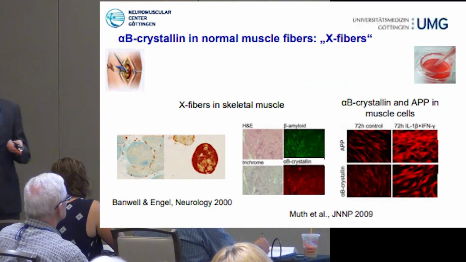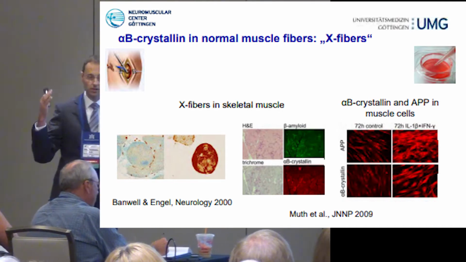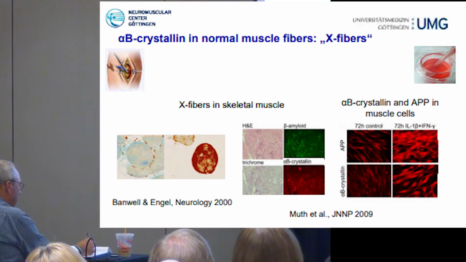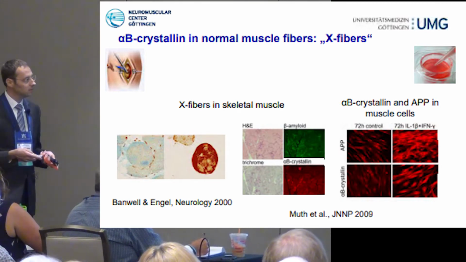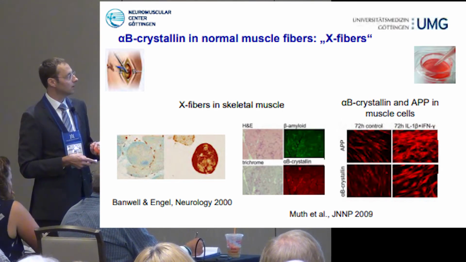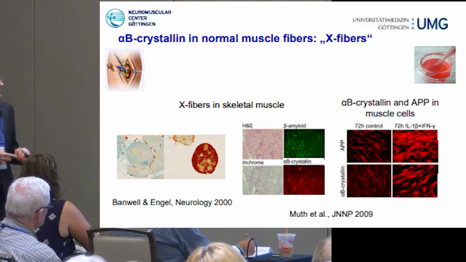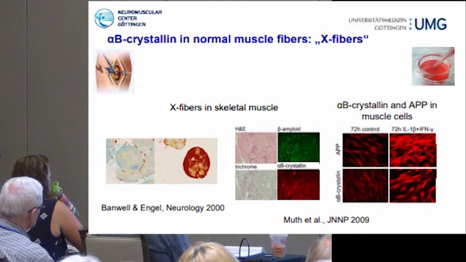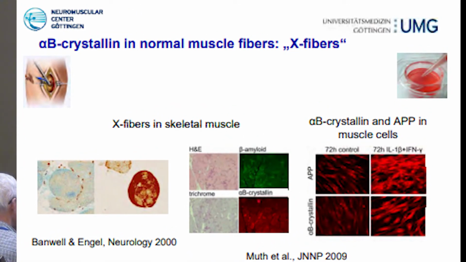Now going back to the specifics of inclusion body myositis, and in terms of cell stress, there have been X fibers that were presented by King Engel and published in Neurology 2000, and we were able to reproduce this 9 years later, and we could identify King Engel, and he then elaborated a little bit further on the details of these cells.